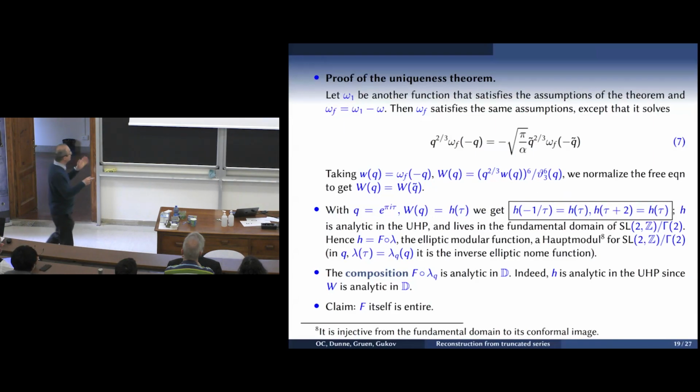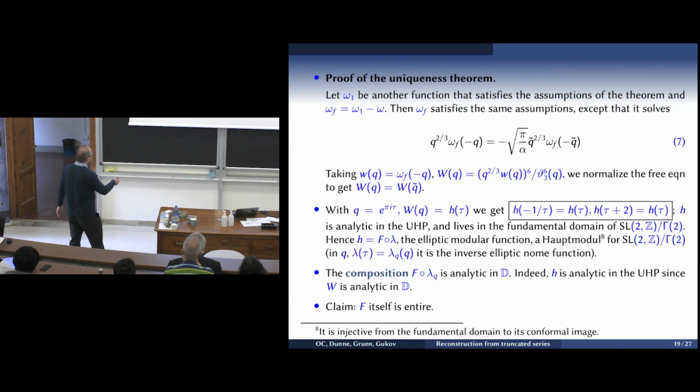You take an equation and you bring it to its simplest possible form by normalization. Namely, I want to get rid of this root pi over alpha. Well, divide by a theta 3 function and you get rid of it. I have all these distracting fractional powers. Get rid of them by raising to a sufficient power. So you do this simple exercise and you rewrite the freedom in this form here to be able to reverse this process at the end.